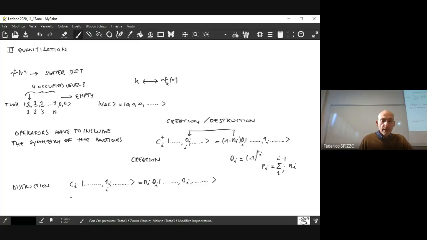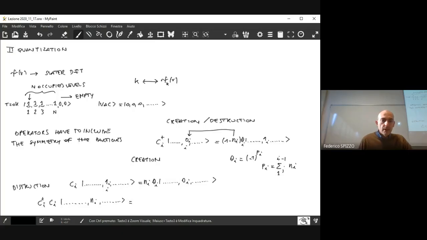If you just try to see what happens when you apply C cross I, C I to a system. So for the moment, I put here just Ni. So for the moment, I don't know what is the occupancy of that level.